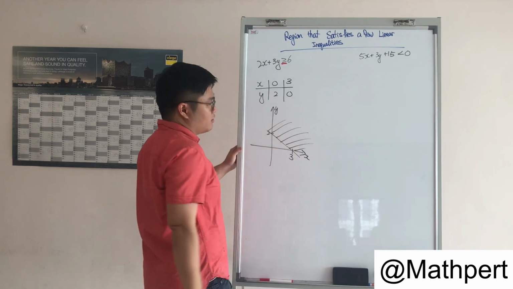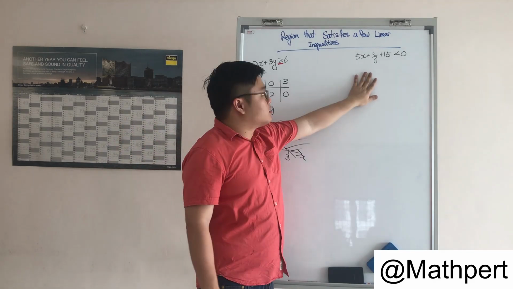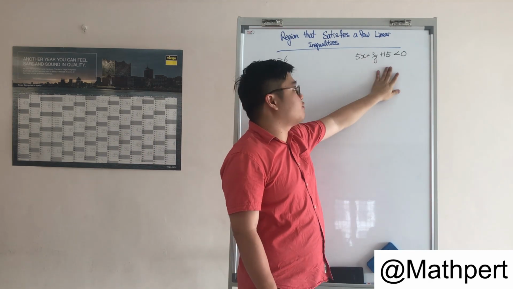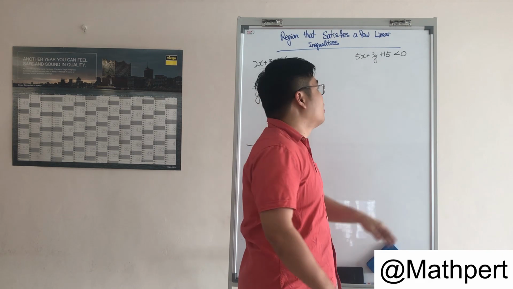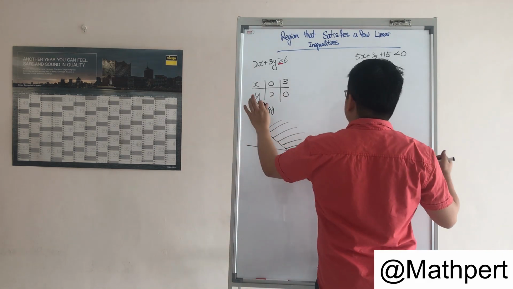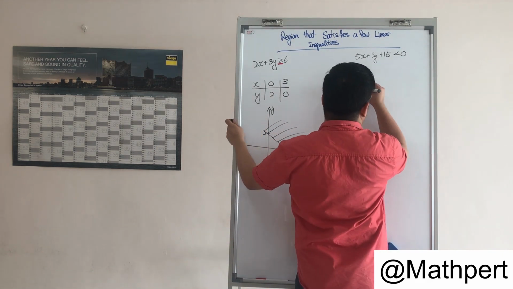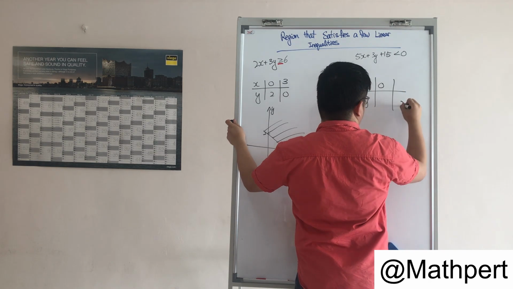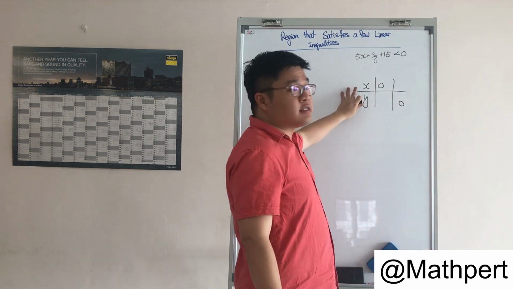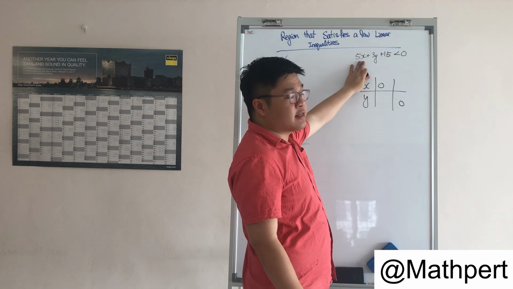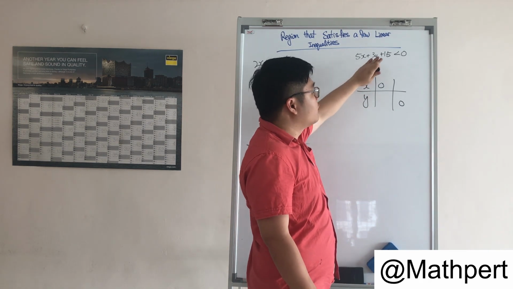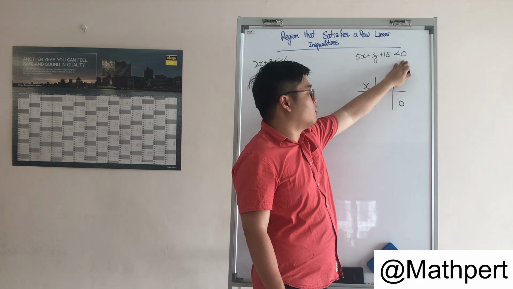Alright? Next, let's look at this question: 5x plus 3y plus 15 smaller than 0. First step, do it the same as here. X, y, 0, 0. When x equals 0, the 5x term becomes 0, and the balance is 3y plus 15 smaller than 0.